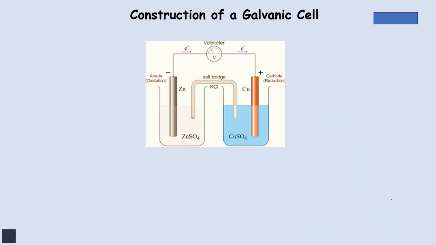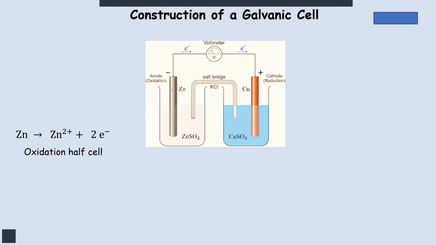Now let us see how it works. How is the electric current produced? In the zinc half cell, more of oxidation takes place, so it is the oxidation half cell. On the surface of the zinc rod, zinc atoms lose electrons. They leave behind electrons on the zinc rod and go into solution as zinc 2 plus ions.